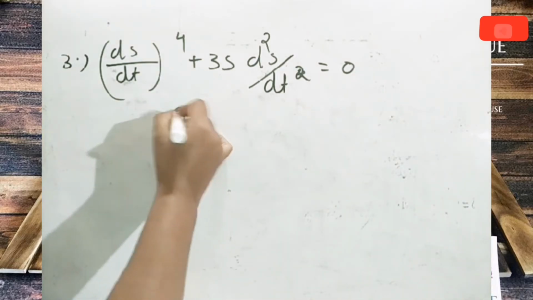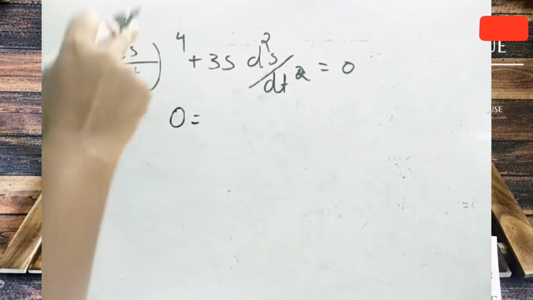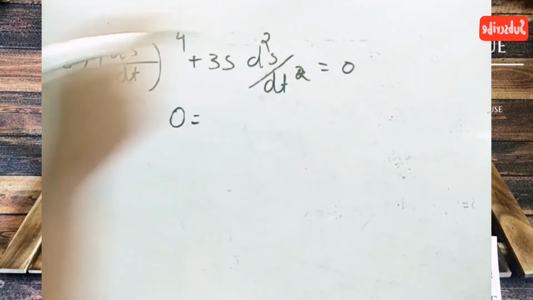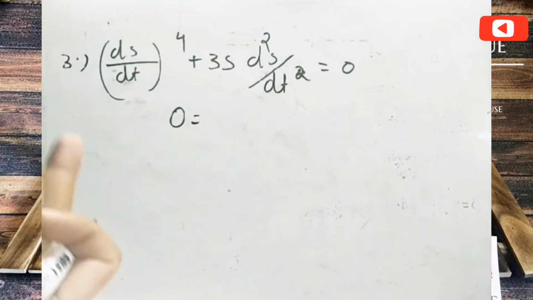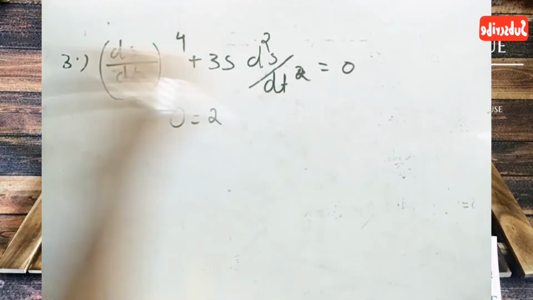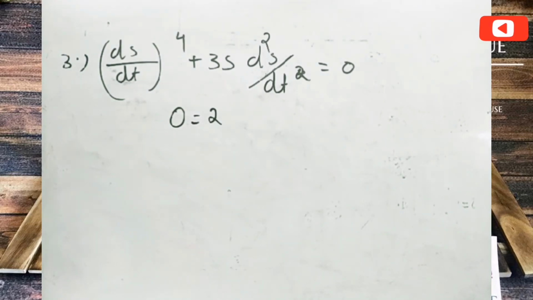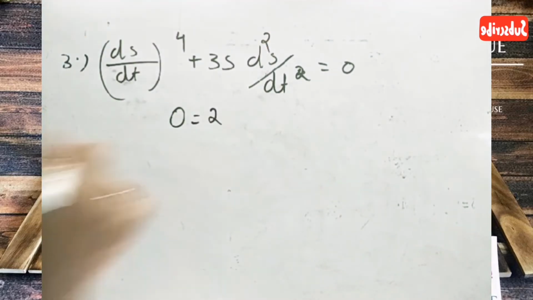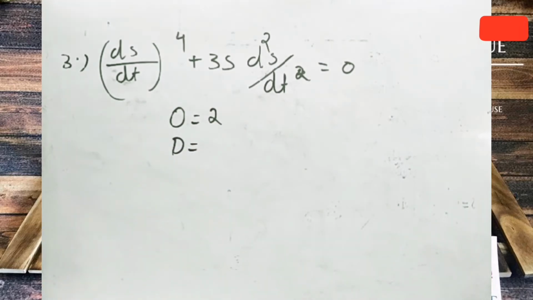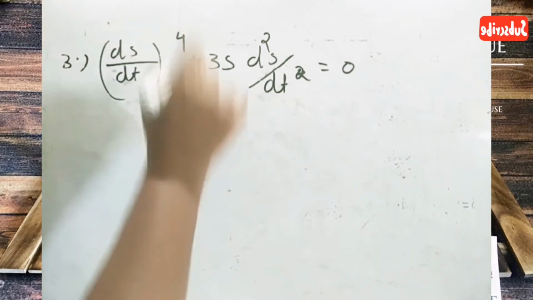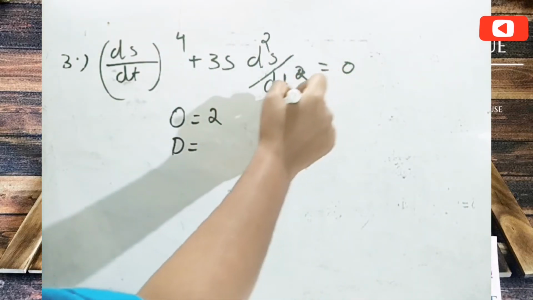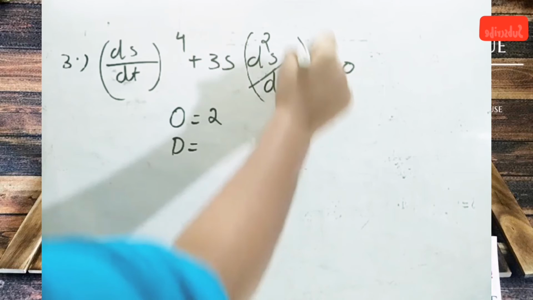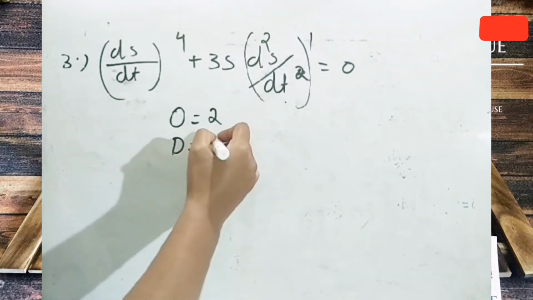Ds by dt means first order, and d square s by dt square means second order. So what is the highest one here? Second order. So order is equal to 2. And this is a polynomial equation in derivatives, so we can write the value of the degree. Degree means the highest power of highest order derivative. Here the highest order derivative is d square s by dt square, and the power of this is 1. So the degree is 1.